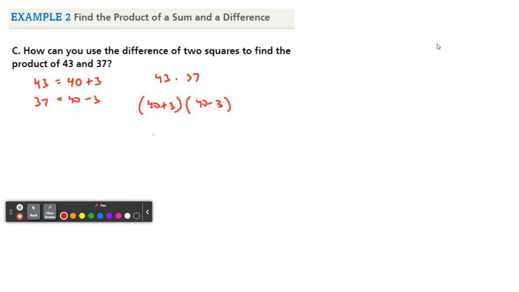So this is going to be 40 squared minus 3 squared. 40 squared is 1600, minus 3 squared is minus 9, and that is 1591. So again, another quick party trick, if you can recognize that these two numbers are equidistant from another number. Again, just trying to continue on with your number sense, if you will.